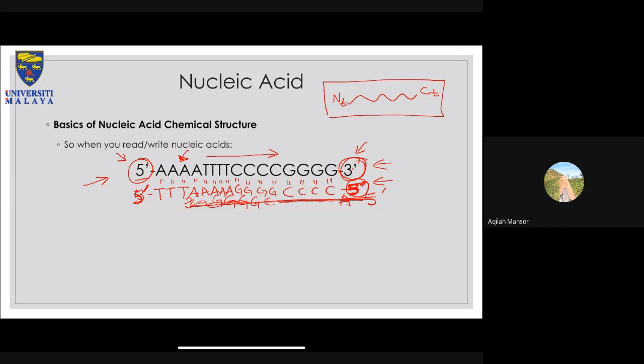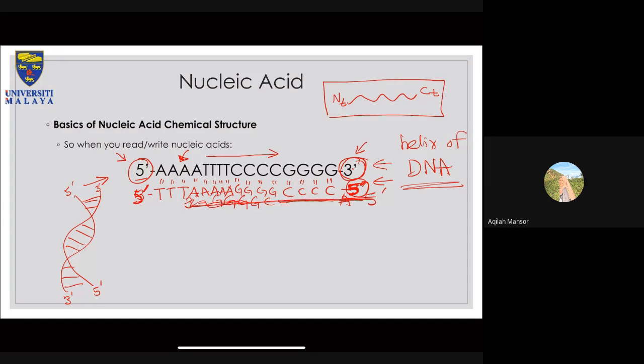So this is the basis for the helix of DNA. That's when you will see this type of structure a lot: if that one is 3', that one will be 5', and if you follow through, that one will be 3', that one will be 5'. It's always like that, right?